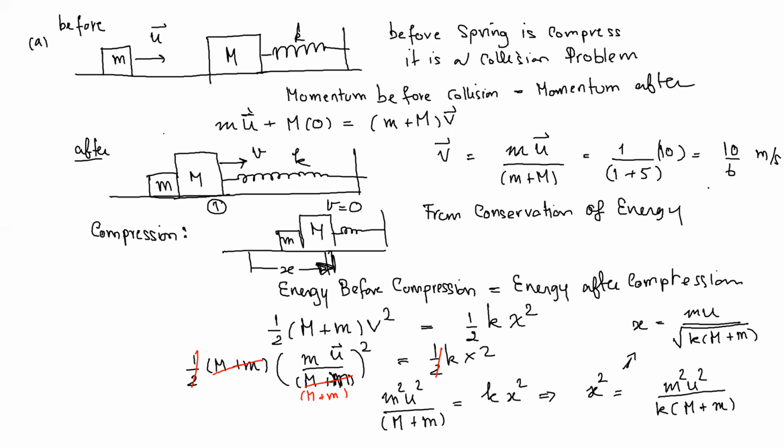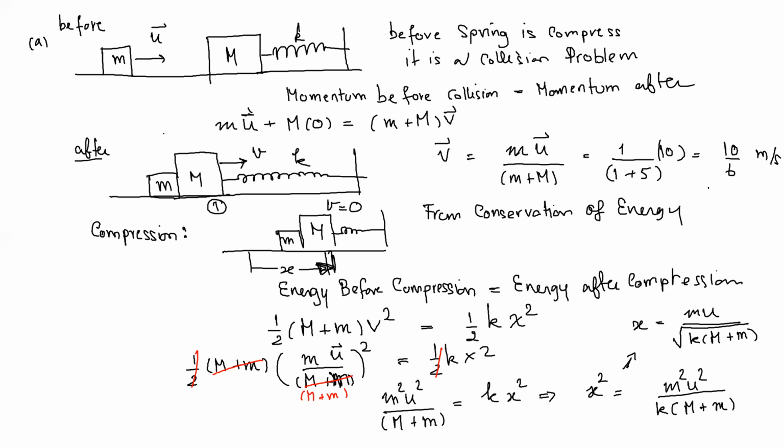So we have conservation of momentum: mu plus big M times 0 equals the total mass times v. After the collision, the whole system goes to the right with velocity v equal to mu divided by small m plus big M. Plugging in the numbers, the small mass is 1 kilogram, the large mass is 5 kilograms, and the initial velocity is 10 meters per second. The final velocity is 10/6 meters per second.